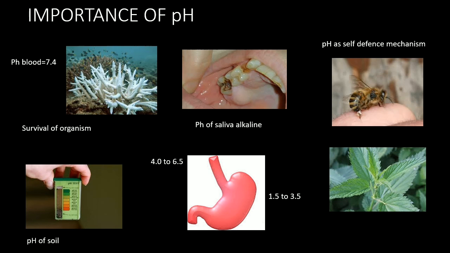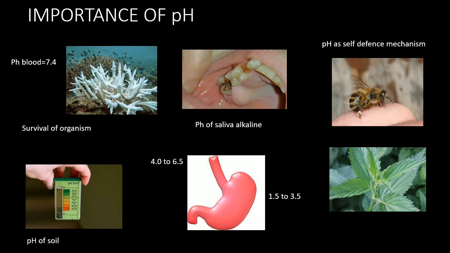That's why the pH of soil is a very important characteristic which decides the optimum growth of plants. So here we have seen the importance of pH in defense mechanisms and in the optimum growth of plants.